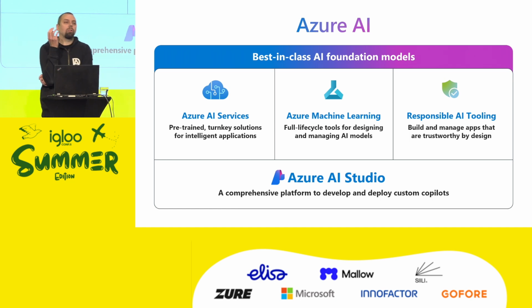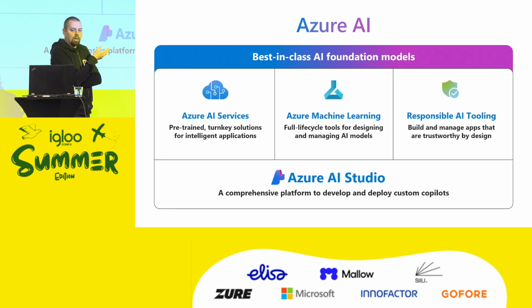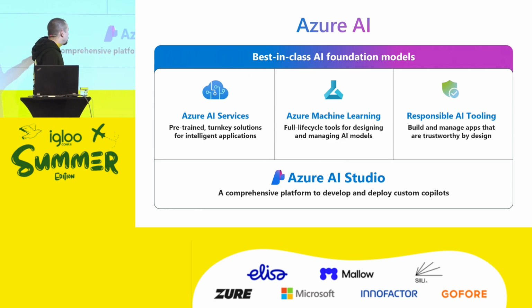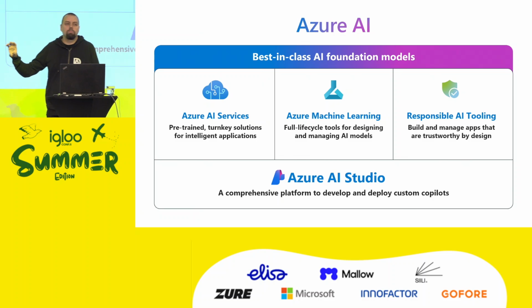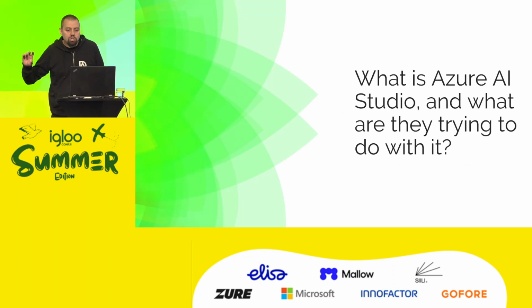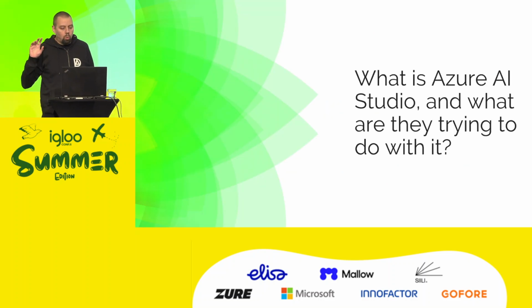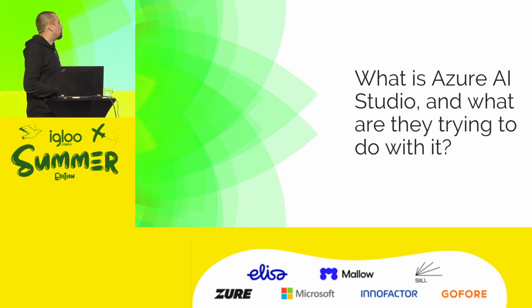Azure machine learning, the classic ML service, and responsible AI tooling, content safety, and so on. AI Studio is intended to be the user interface to all these. So the original title for this session was this: what are they trying to do with it? And that's kind of what we're going to dig into here.